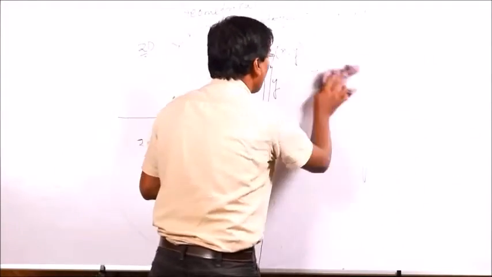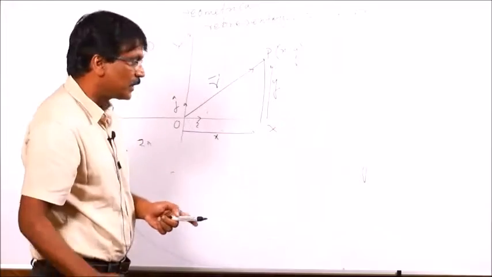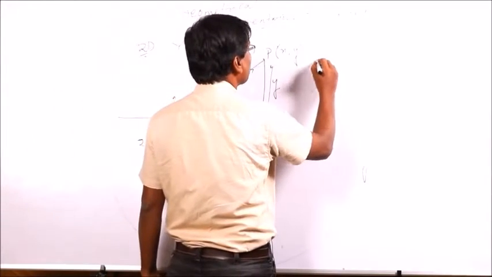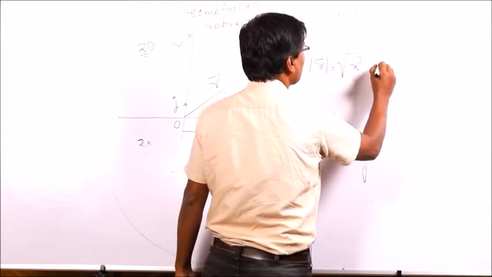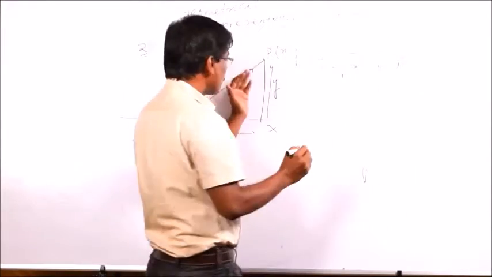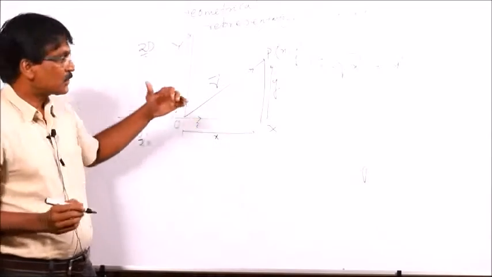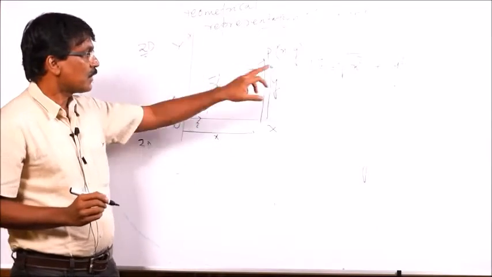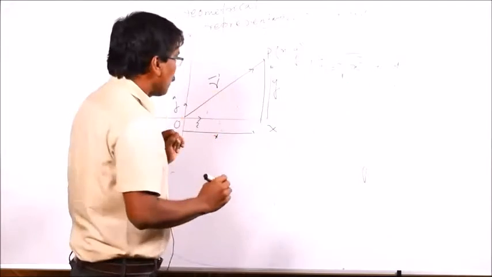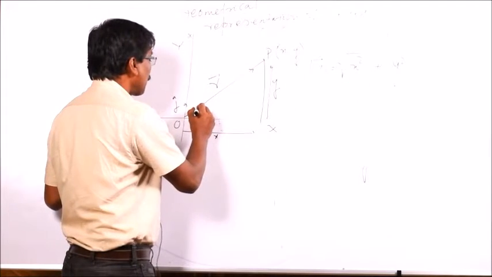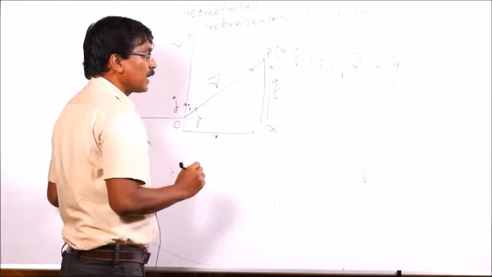The magnitude of r vector is equal to root over of x square plus y square. This is a simple case of a right angle triangle, so r is the hypotenuse. Now the unit vector along r vector is defined as r cap.